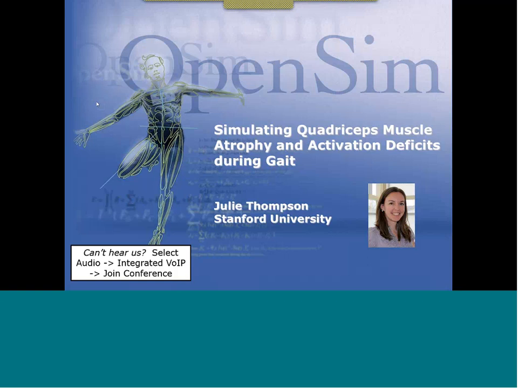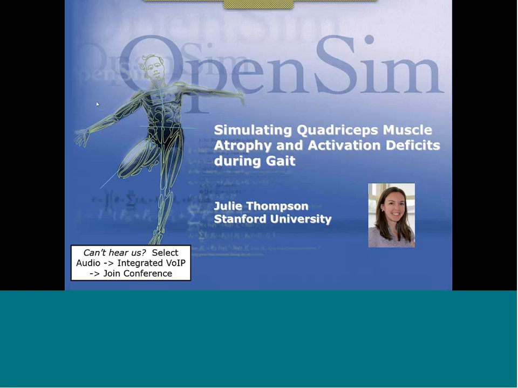Her interests include using experimental and modeling techniques to investigate the mechanisms relating muscle function, biomechanics, and patient function to help improve patient outcome and prevent injury. She's particularly interested in populations with knee injury and pathology. So in today's webinar, she's going to be presenting a portion of her PhD dissertation work. So with that, I'll let you take it away, Julie.